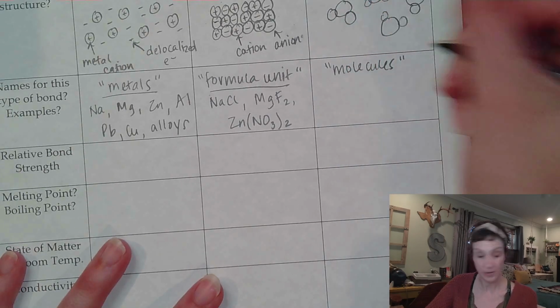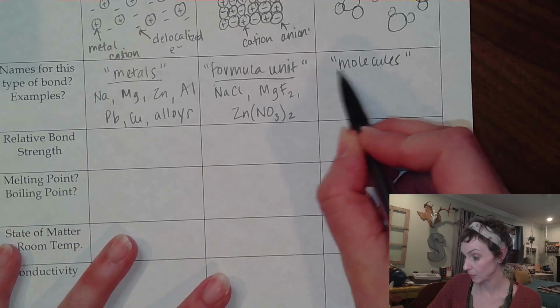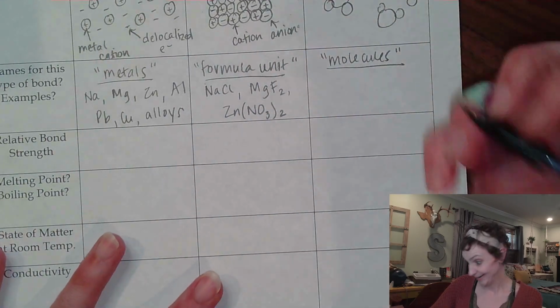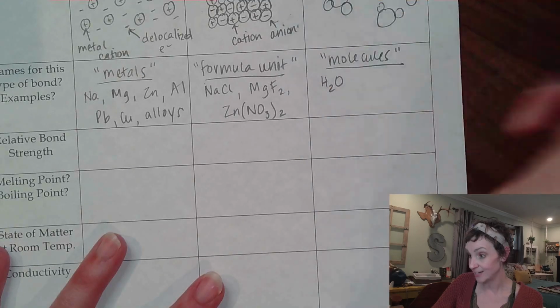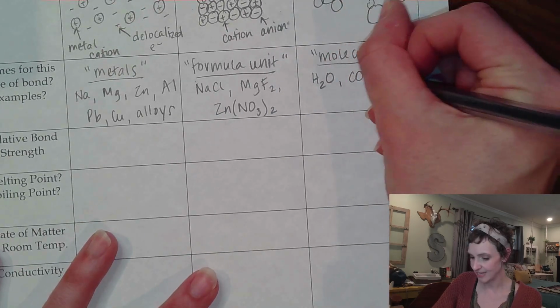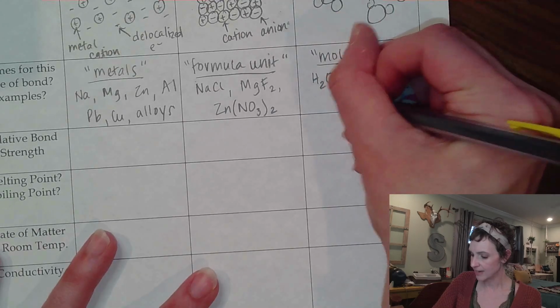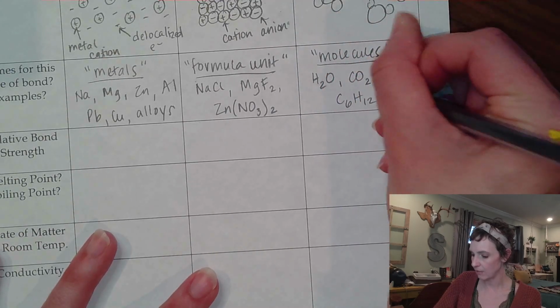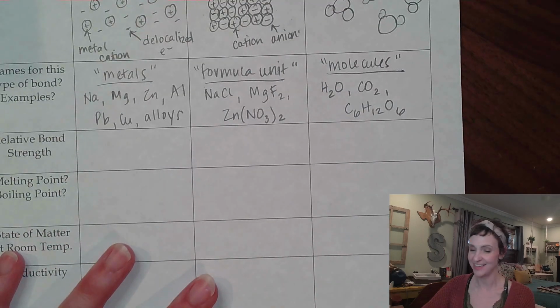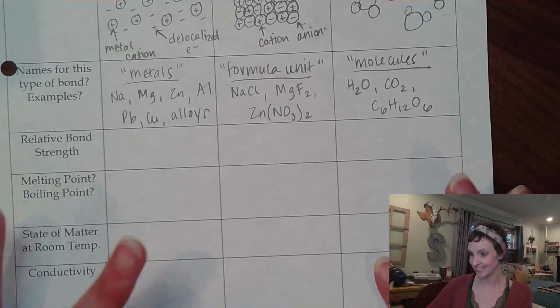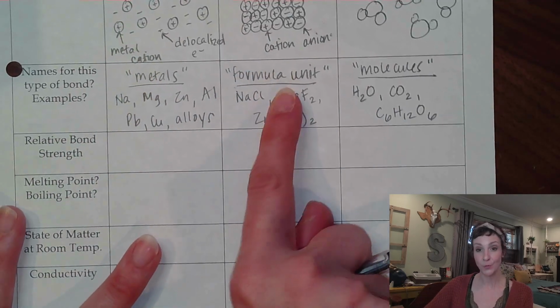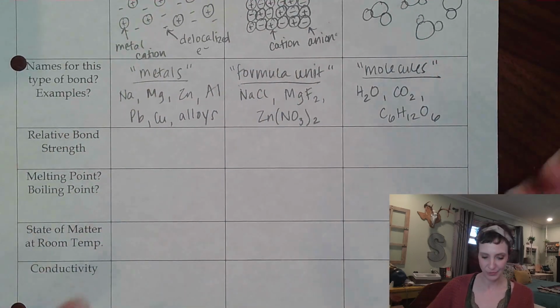And my guinea pigs are squeaking back there, so they're getting excited about some molecules here. Okay, so examples: we've got a classic one, H2O, we've got CO2, we've got sugar, C6H12O6, anything that's a nonmetal from my periodic table. Very satisfying. We've got metals, formula units, and molecules.